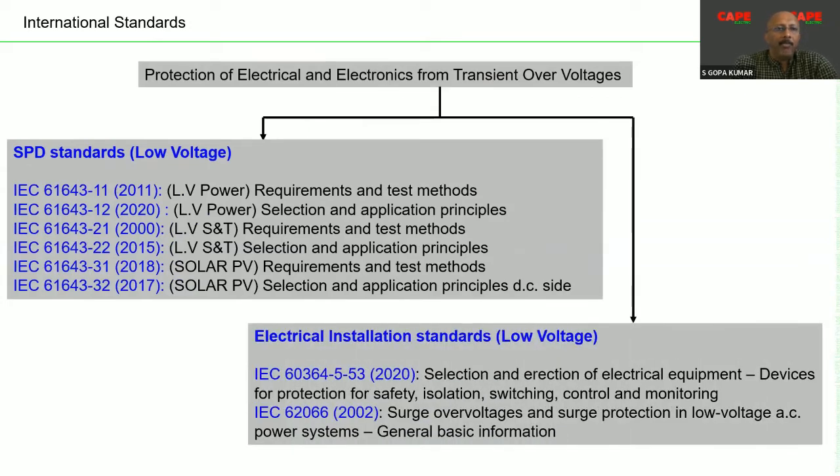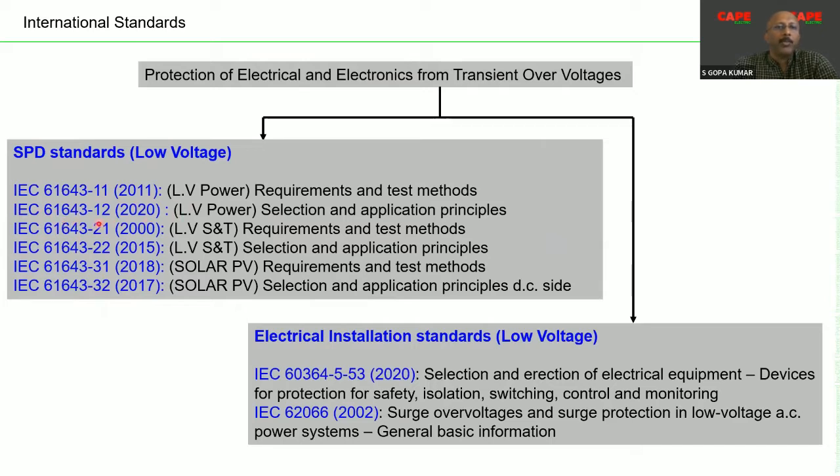On the standards of SPDs, there are 2 series of standards published by IEC: 61643, parts 11 and 12 for power line, 21 and 22 for data and signal line, and 31 and 32 for solar PV. Out of these, parts 11 and 12 have been accepted as an Indian standard, IS 16463. It's not 61643, but 16463 is the IS number.